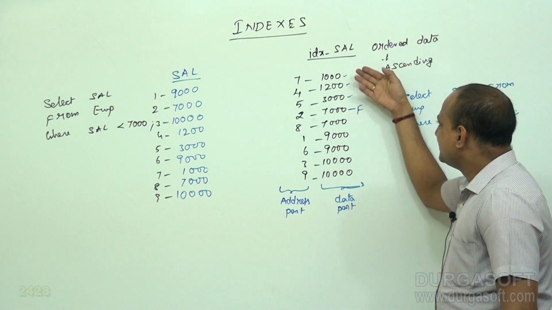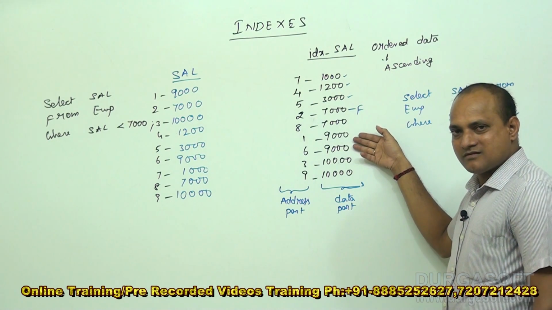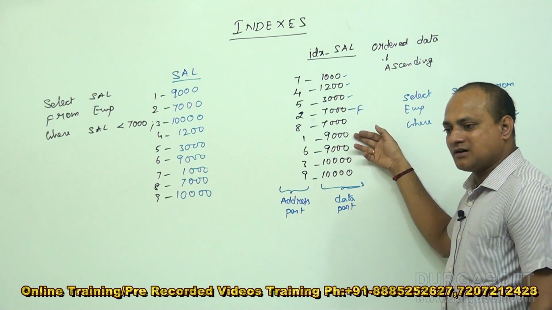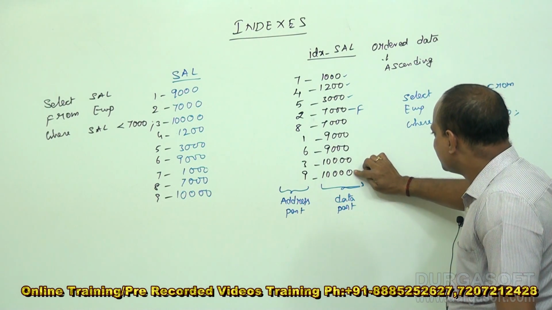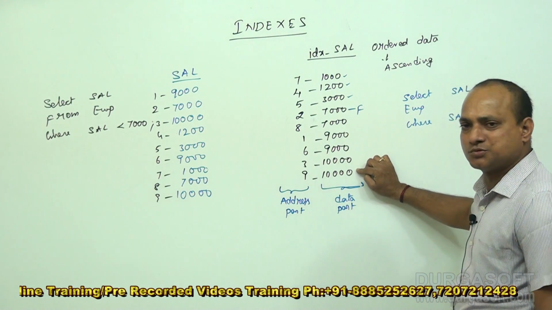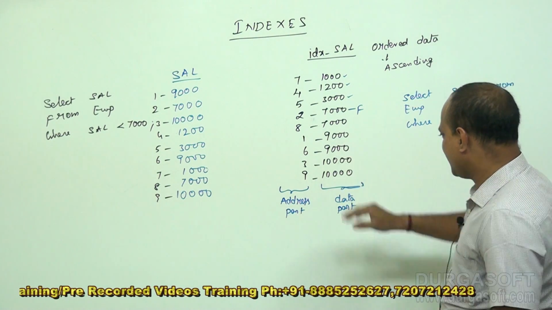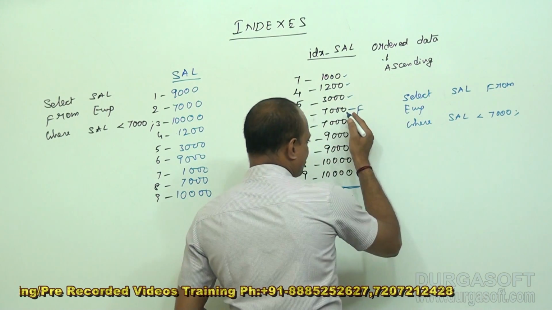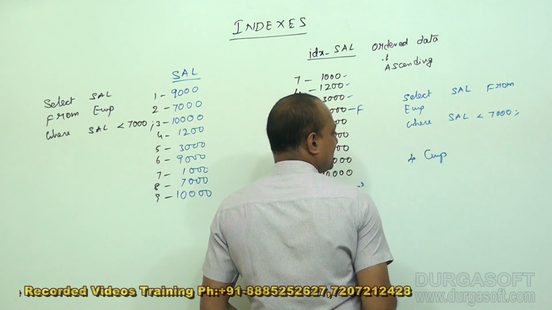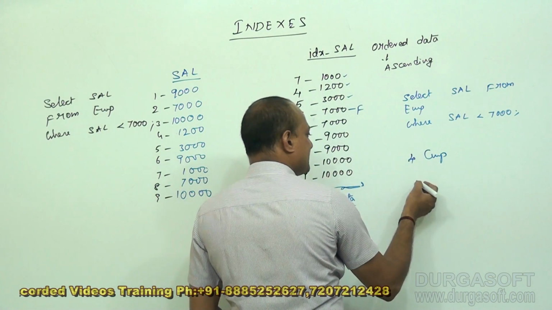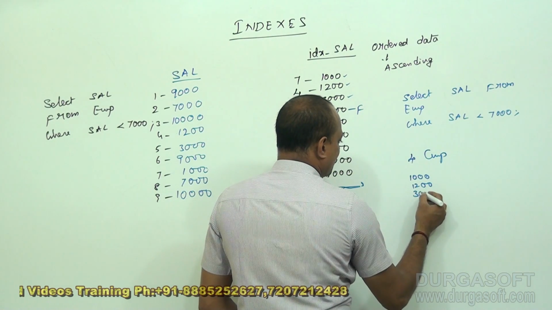The index is already maintaining ordered data, so there is no more chance of the condition becoming true. That's why it stops. How many verifications did it make here? Only 4 comparisons. For the 4 comparisons you get the values 1,000, 1,200, 3,000.